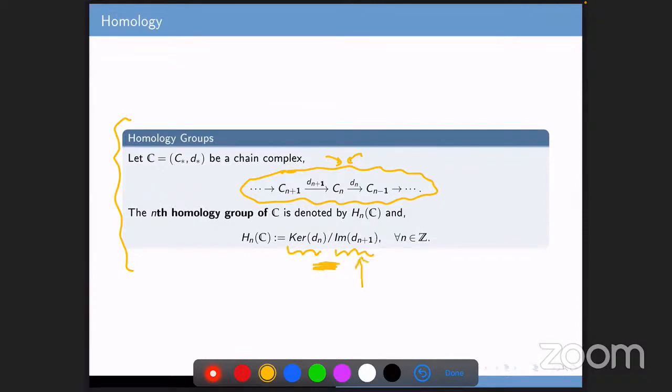So maybe in some cases it will be meaningless to talk about this, but no. Remember, we formed these chain complexes using abelian groups. So each of these Cn's are abelian groups for every n. So this means we have normal subgroups here. Image is always a normal subgroup. Then we are safe to form this quotient group in any case when we have a chain complex.